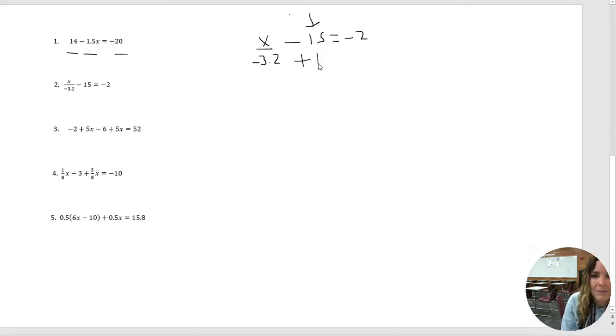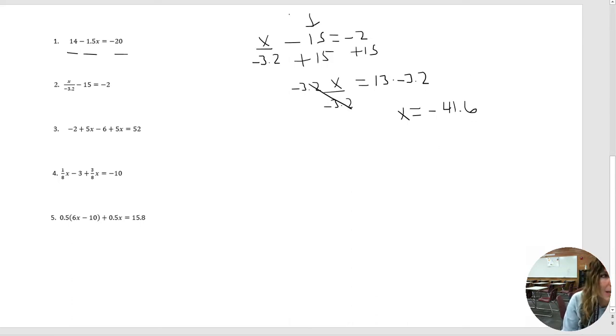So you're going to add 15 to both sides. Now you have x divided by negative 3.2 equals a positive 13. And then to get rid of the division of a negative 3.2, you're going to multiply. So you have to multiply both sides by negative 3.2. So you get x equals a negative 41.6.